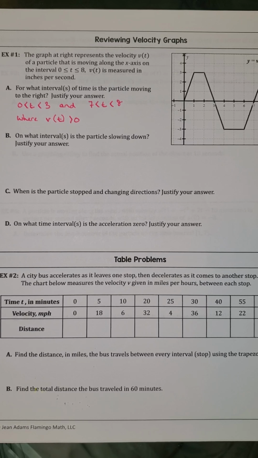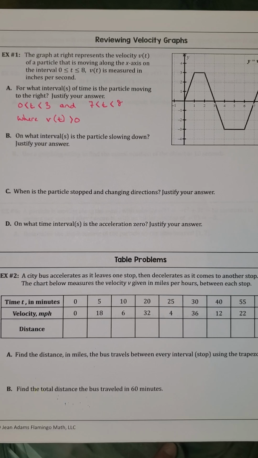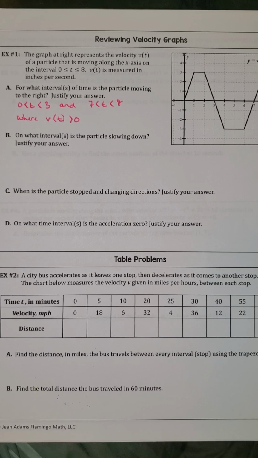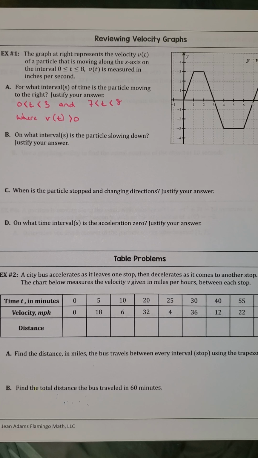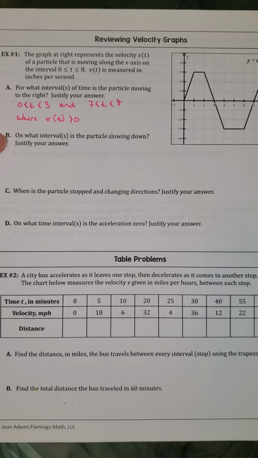Okay, for B, on what intervals is the particle slowing down? Justify your answer. All right, so this is that whole, like, the signs are different, the signs are the same thing. So when it's slowing down, that means your signs are opposite.